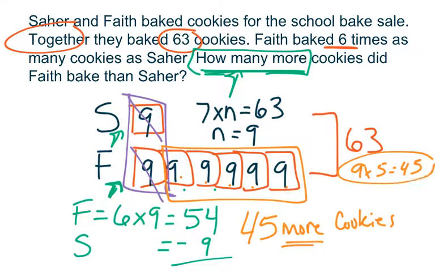This is another way for me to solve my how many more problem. By doing this, I am already subtracting Sahar's and Faith's. I'm counting those out, and all I have left is their difference, their how many more. This is another little trick for when I'm solving how many more. Otherwise, I have to find how many Faith baked, how many Sahar baked, and then subtract.